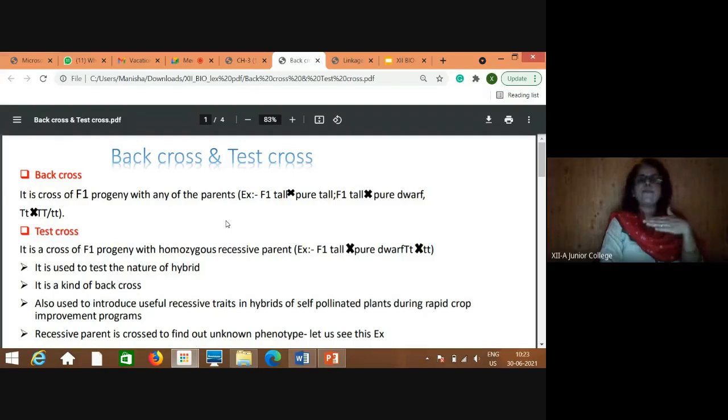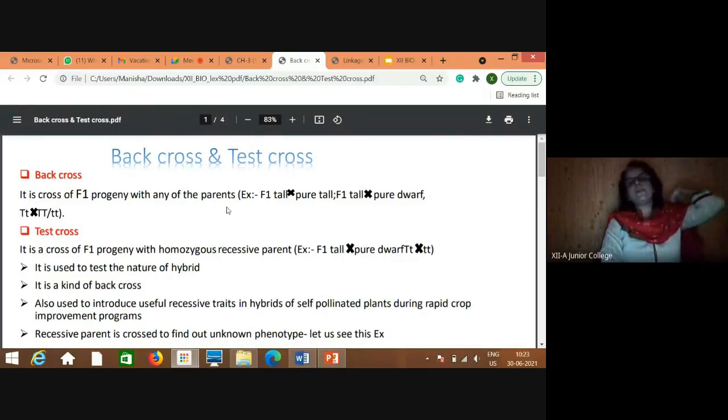When this F1 progeny is crossed back again with either of the parents, that is called a back cross. Try to understand: F1 progeny crossed back with either of the parents.